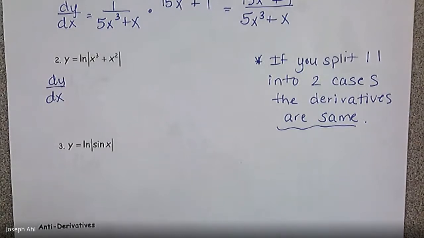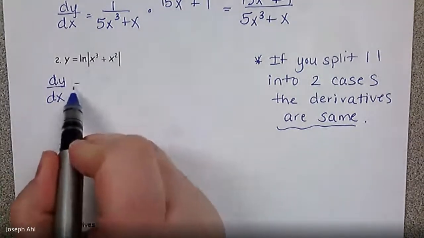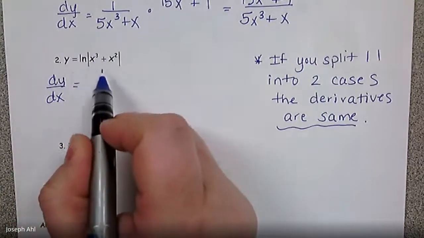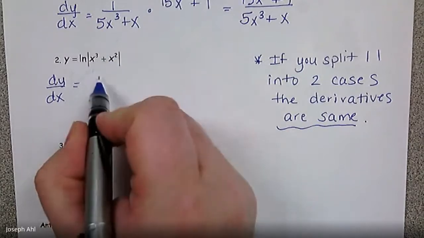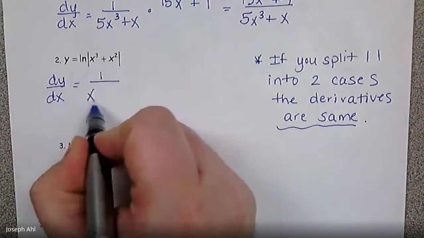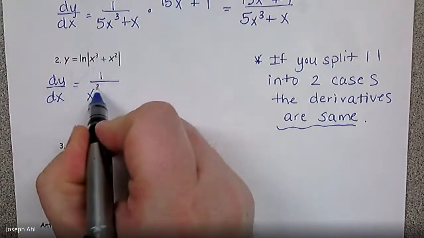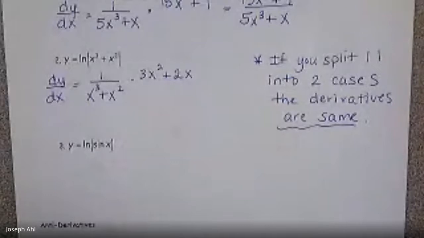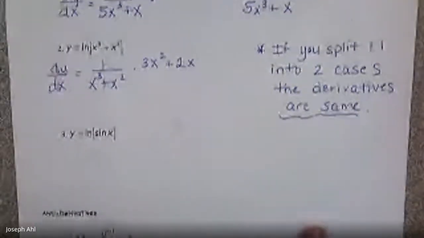So when I find the derivative, we can just assume the case where x is positive and say the derivative of ln of absolute value x cubed plus x squared is 1 over x times the derivative 3x squared plus 2x. And that one we might be able to simplify a little bit further, right? Take out some GCFs of x there and simplify.